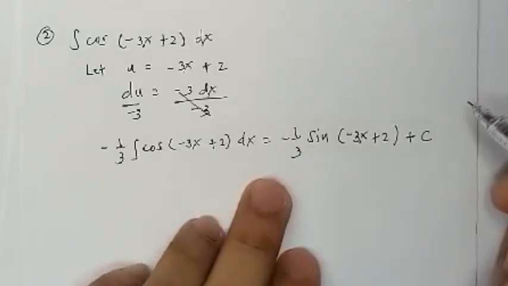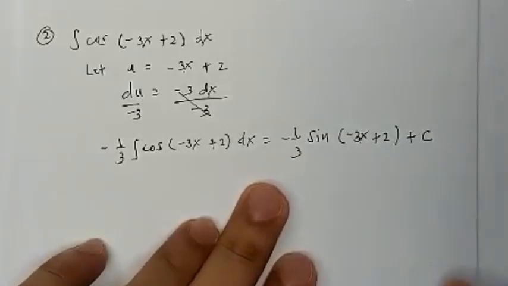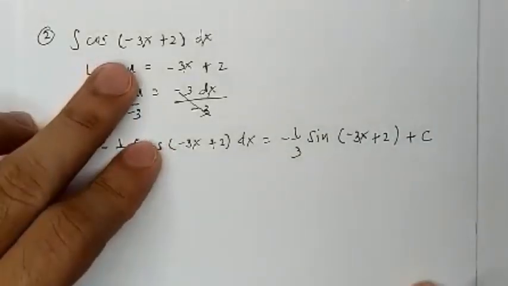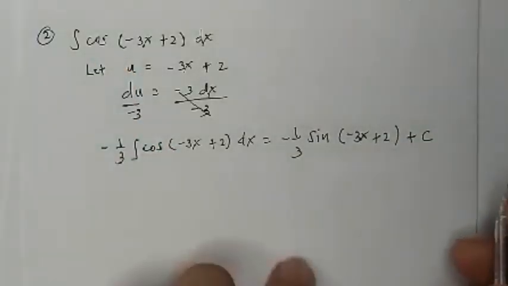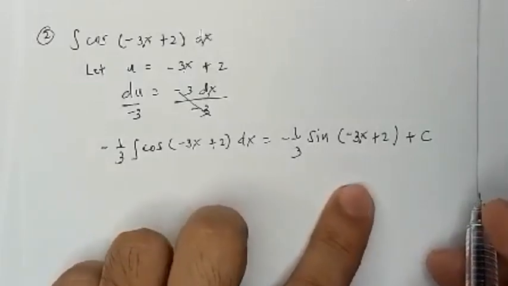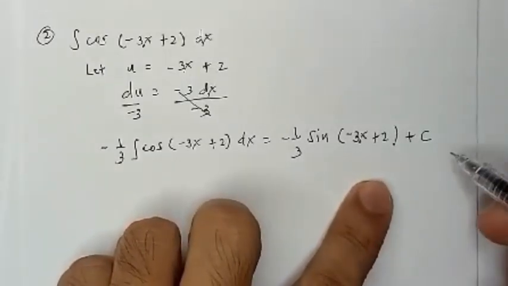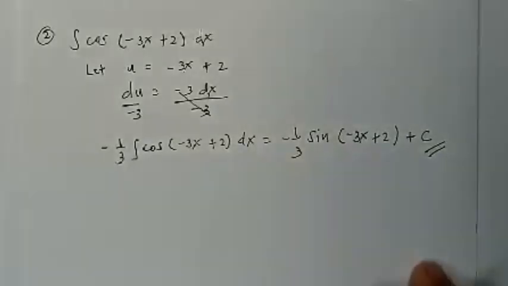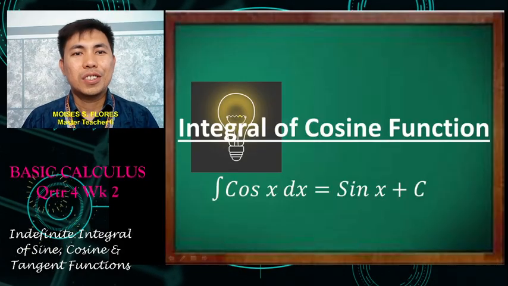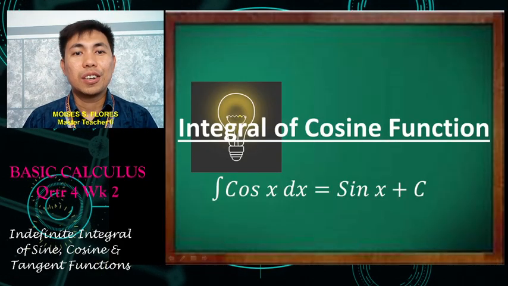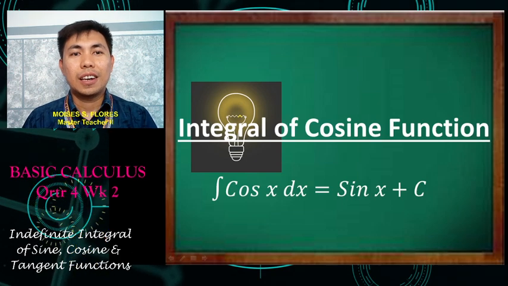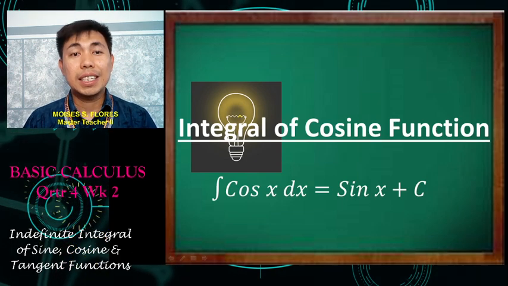So therefore, our integral of cosine quantity negative 3x plus 2 dx is simply negative 1/3 sine negative 3x plus 2 plus c. This is now our final. So that is the integral of cosine, and the integral of cosine is simply sine.